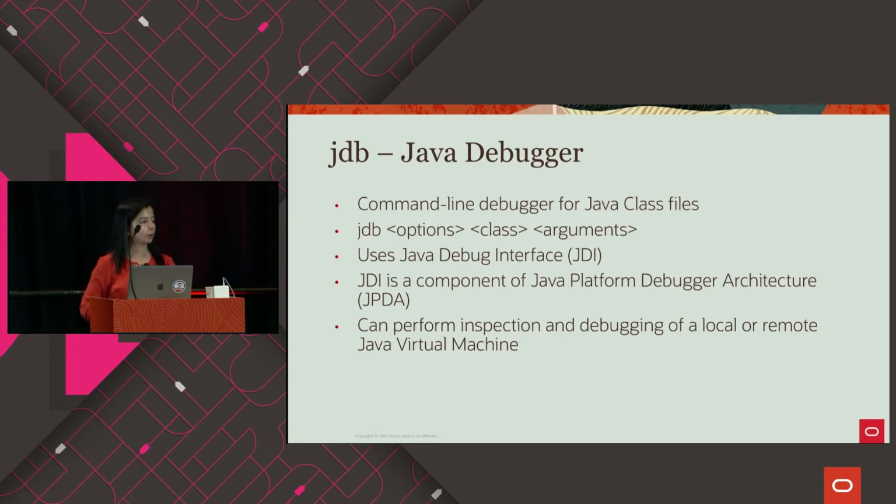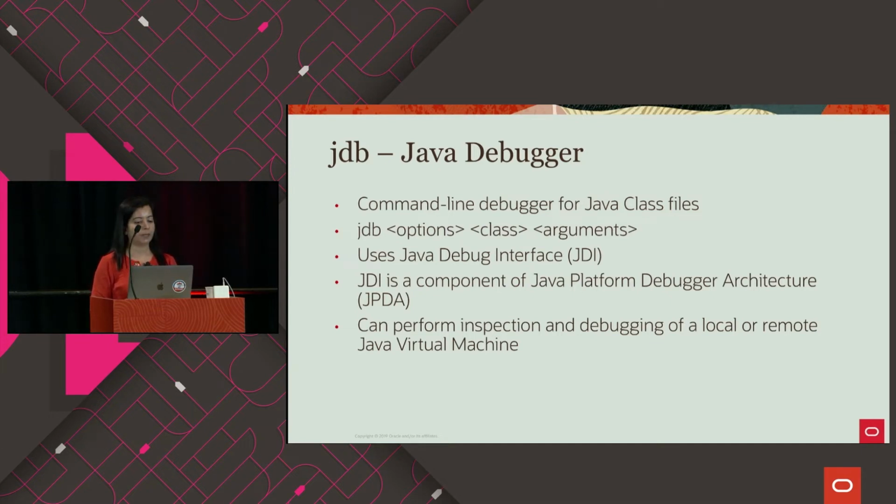Next tool on the list is JDB, the Java Debugger. It's a command line debugger for Java class files. I know not many people use this tool these days because fancy IDEs have more enhanced capabilities for debugging Java applications and classes. But for quickly stepping through your application when you don't have heavyweight GUI applications available on your system, this is quite handy.